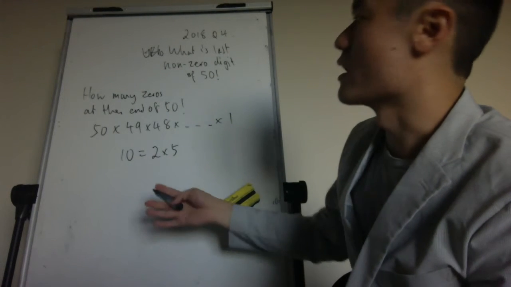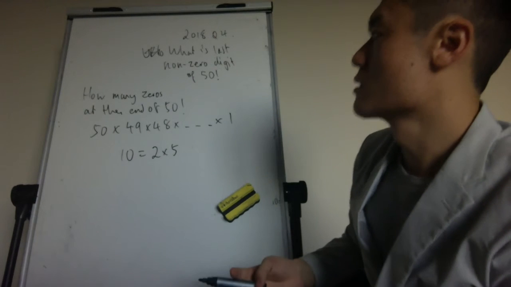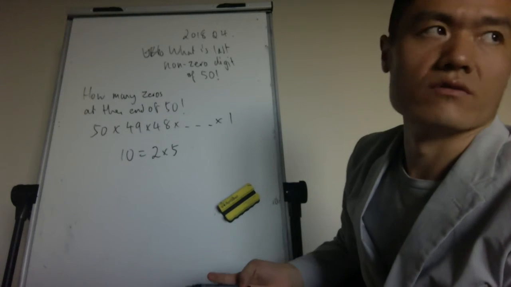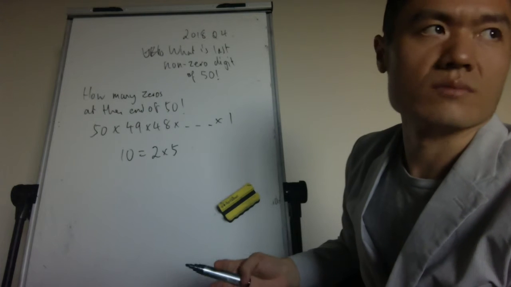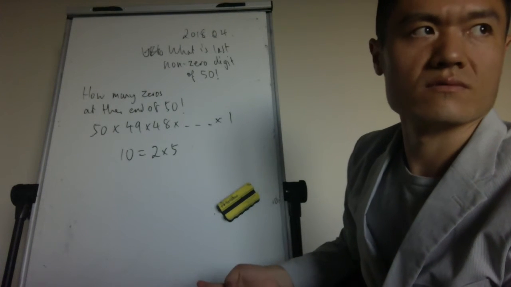And if you know that, then to do this question you might want to get rid of those 12 zeros by dividing by 10 to the power of 12.